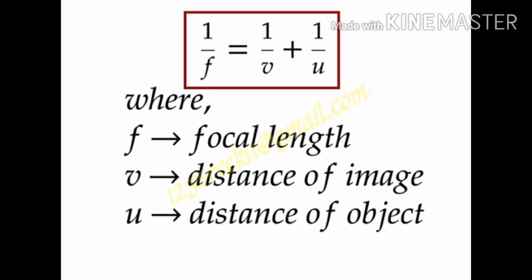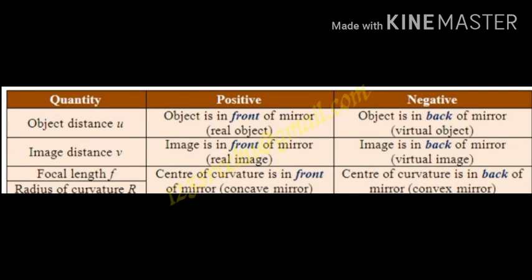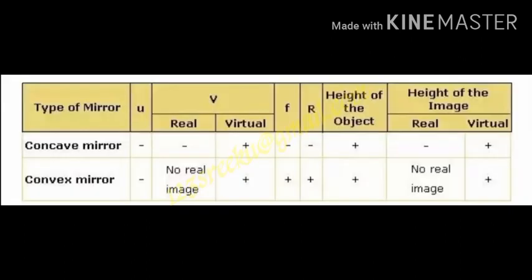When we violate this sign convention, the mirror formula becomes invalid. That means the relationship between object distance, image distance and focal length will not be satisfied. With a simple example, we can understand what happens if we violate this sign convention. Consider an advertisement of a detergent. With the help of three image frames, its message is displayed.